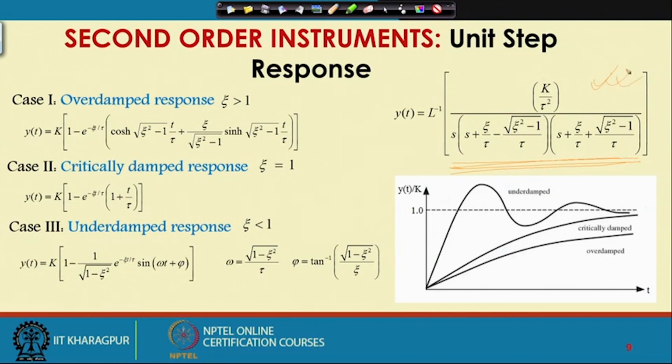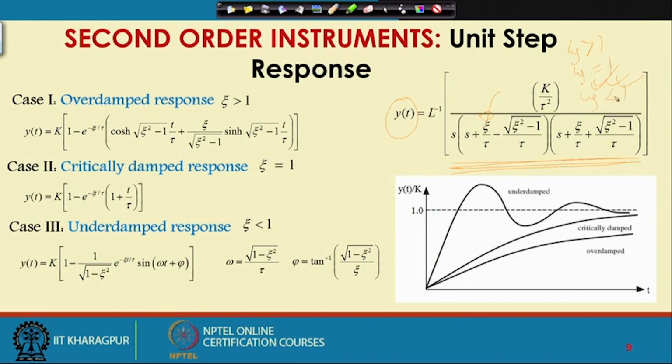Now, when you take inverse of this, depending on the value of zeta, we can have 3 different types of responses, or the y(t), we will have 3 different types of expressions depending on value of zeta. Zeta can be greater than 1, zeta can be equal to 1, and zeta can be less than 1.